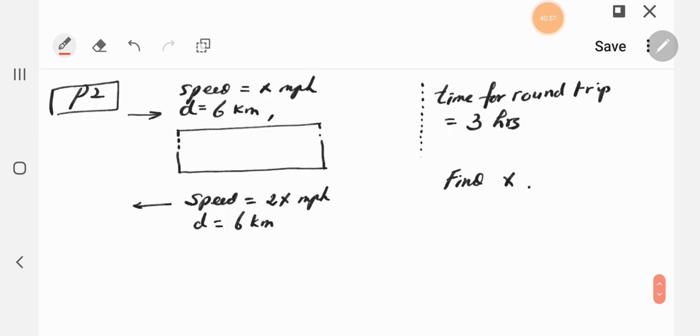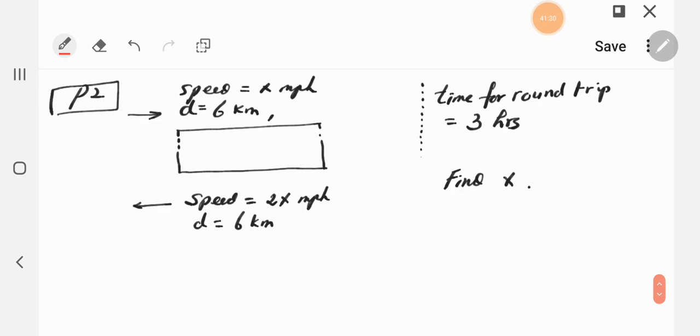But when you go from right to left, the speed is twice the rate, so 2x. And the total time going back and forth is 3 hours. Then find the speed from left to right.